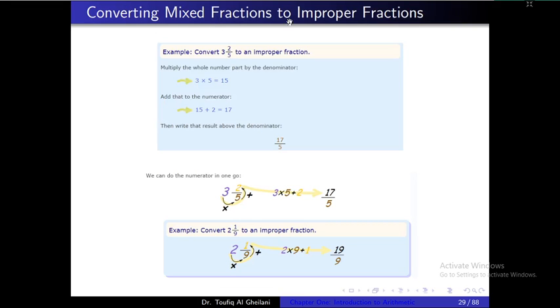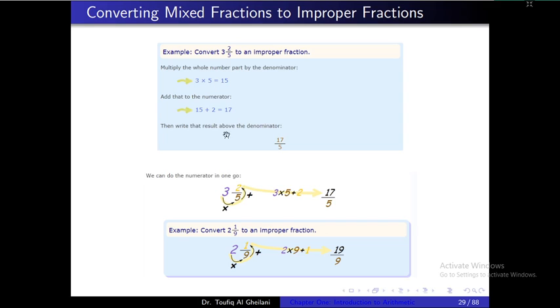Converting a mixed fraction to an improper fraction. How can we convert a mixed fraction like this one, 3 and 2/5, to an improper fraction? Firstly, we multiply the whole number part 3 by the denominator 5. We get 15. 3 times 5, 15. And then we add the numerator. We add 15 with the numerator 2.